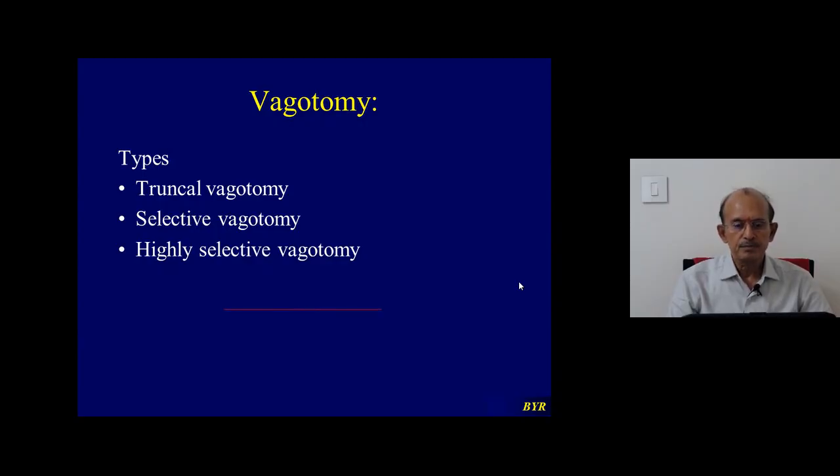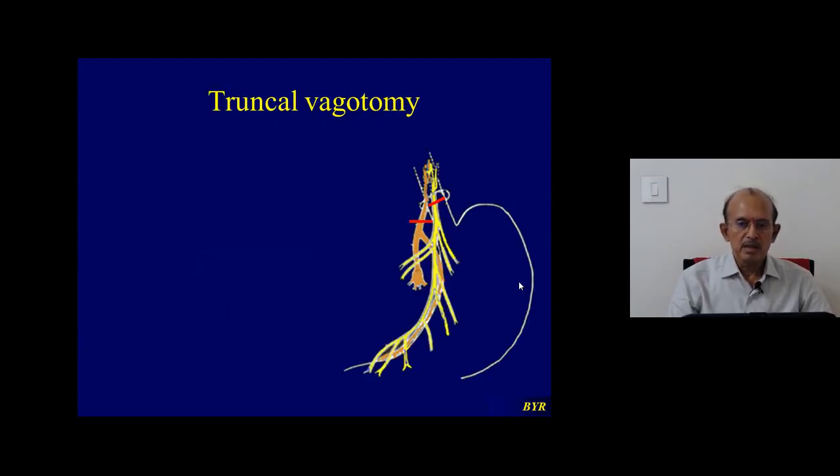What is truncal vagotomy? We have seen the vagus nerve enters the abdomen through the esophageal hiatus. One nerve coming anterior to the esophagus is called the anterior vagus. Another one coming posterior to the esophagus is called the posterior vagus.